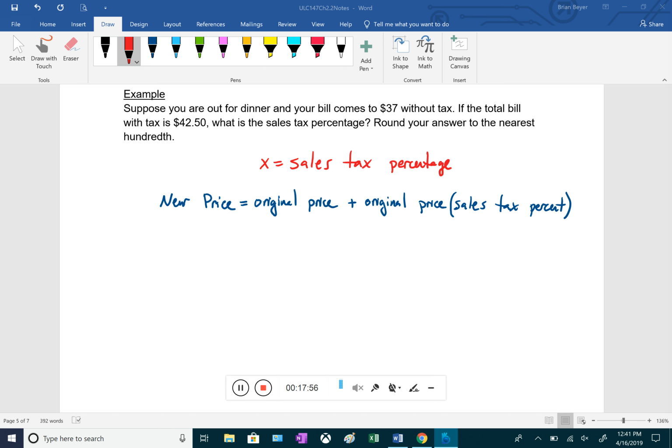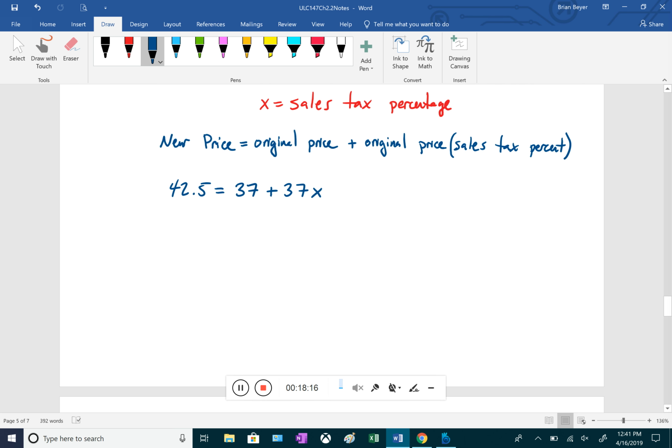So plugging in our values here, the new price that we got was $42.50. The original price was $37. So it's 42.5 equals 37 plus 37 times X. So solving this for X now, we're going to subtract 37 on both sides.